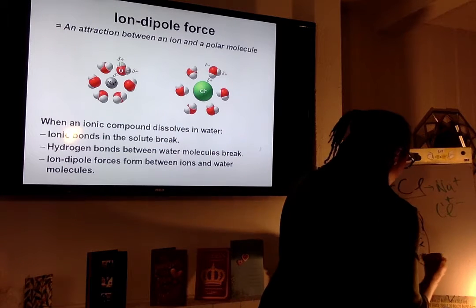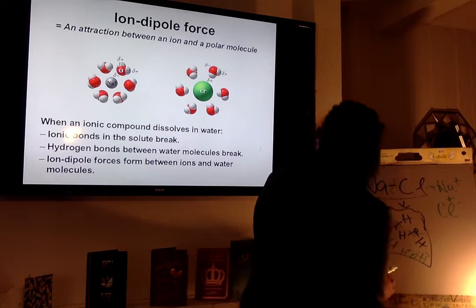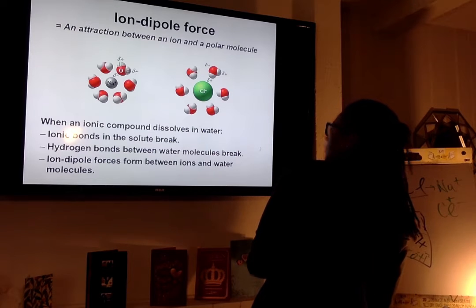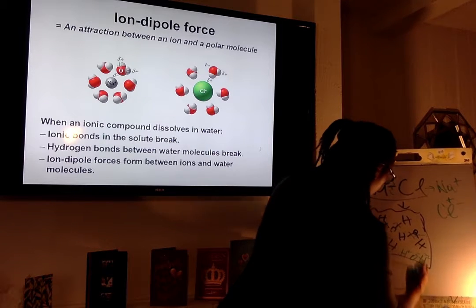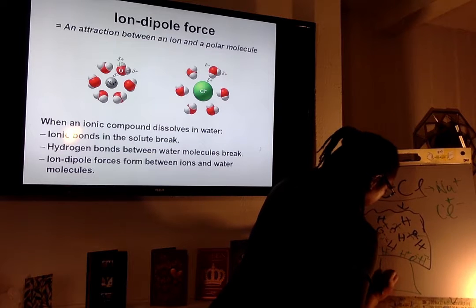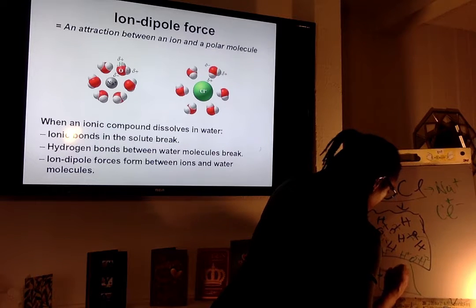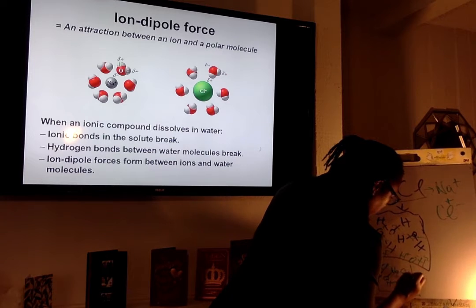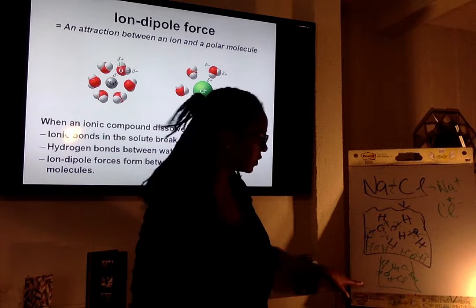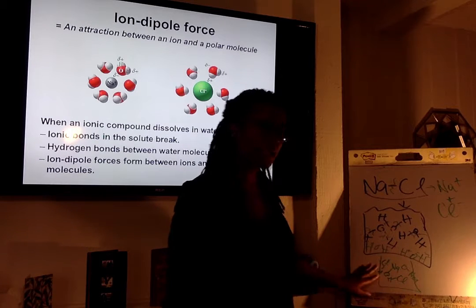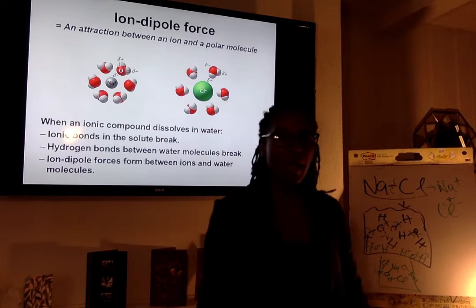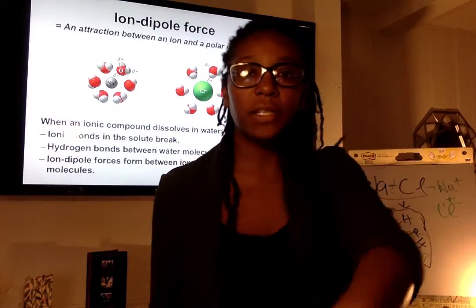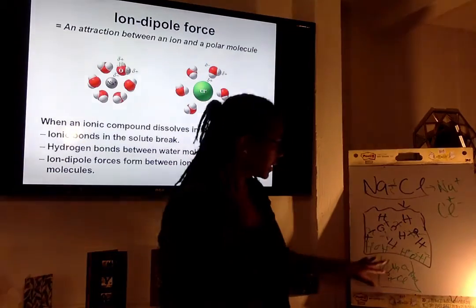So there's going to be some sort of connection between the sodium and the oxygens, or the hydrogens and chlorines. That's why it's not considered a chemical reaction, because there's just a force that is keeping these things together.